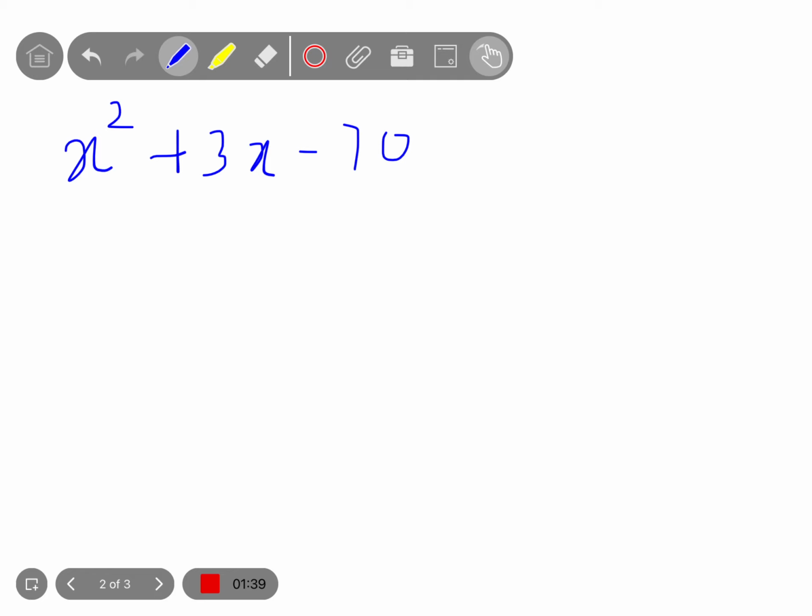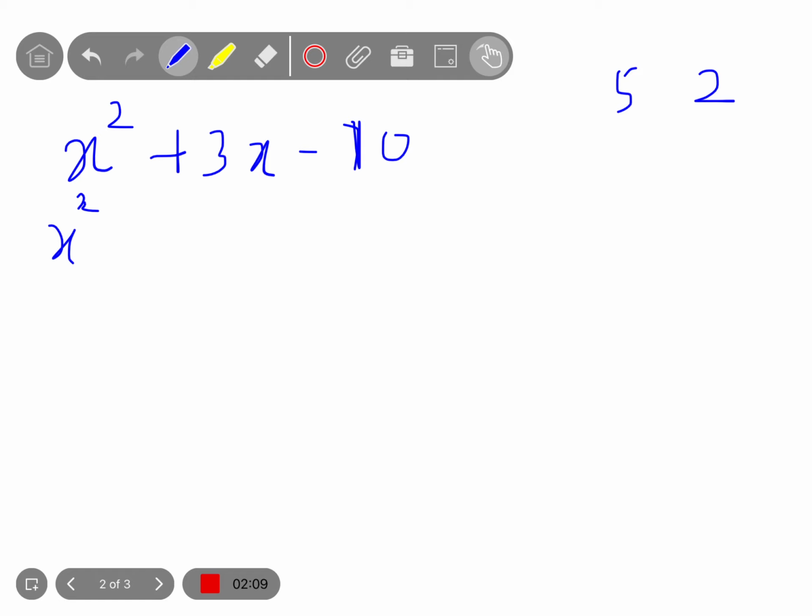To find the factors of this particular quadratic expression, we have to find a combination of numbers which results in 3 when you add, and when you multiply it's minus 10. You can readily see 5 and 2 have some relationship with both 10 and 3.